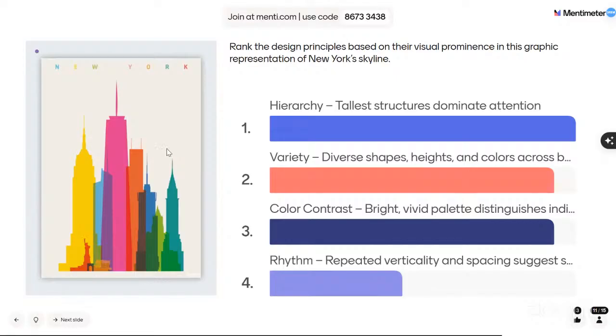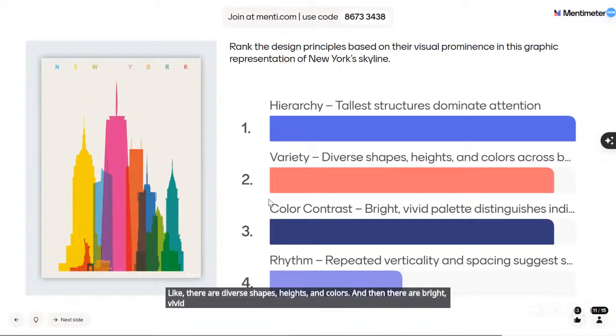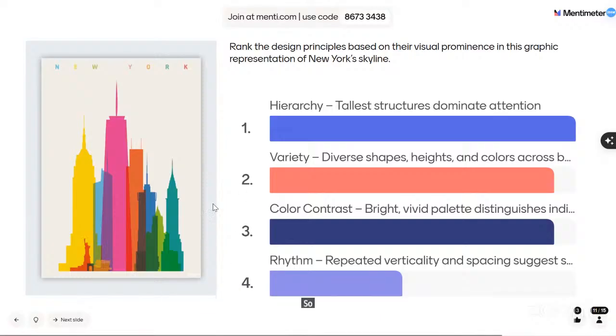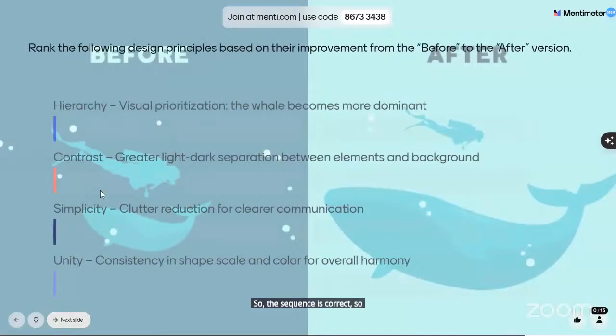Okay, so you feel hierarchy because the tallest structures dominate attention, and then variety and color are competing neck and neck. There are diverse shapes, heights, and colors. And then there is a bright, vivid palette which distinguishes each of these buildings. Both are correct. And rhythm, repeated verticality and spacing, is not the most important criterion. Actually, there isn't much rhythm there. So the sequence is correct.